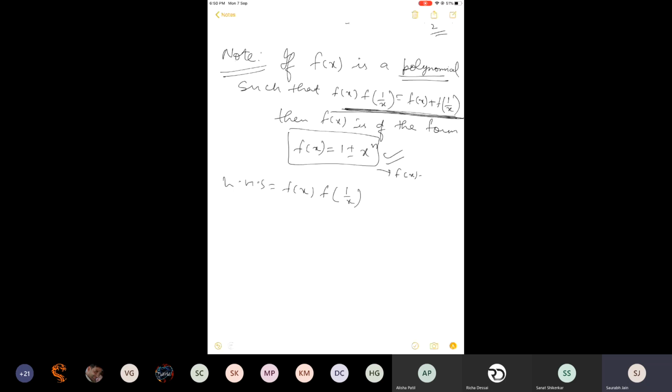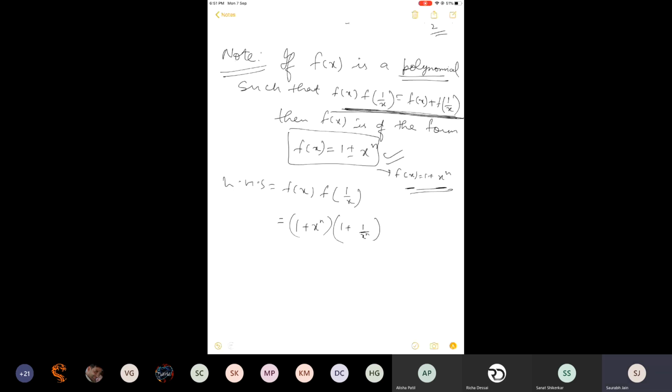In place of x, I will have to put 1 by x. So 1 plus 1 by x, whole power n. Let's multiply. Normal multiplication, 1 into 1 is 1. Then 1 upon x to the power n. The next term will be x to the power n. And finally I will get 1, because x to the power n will be multiplied by 1 upon x to the power n.